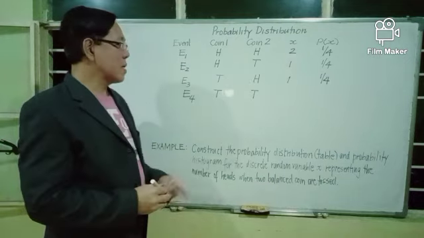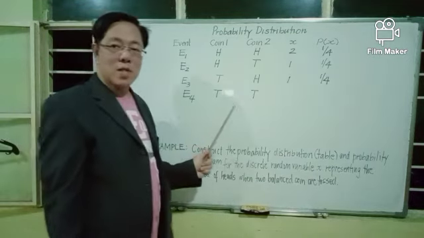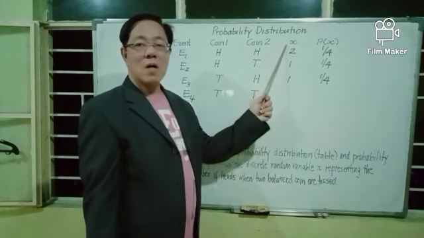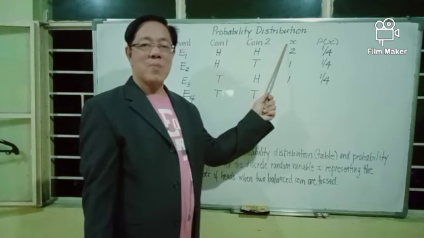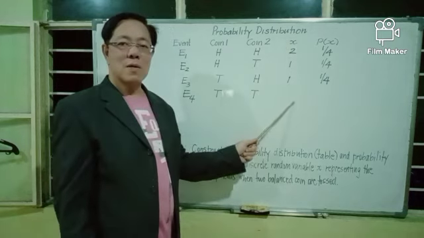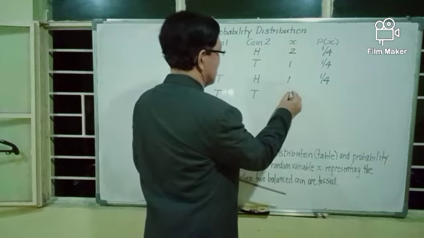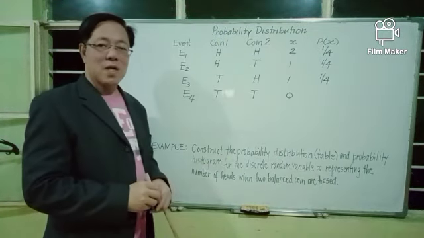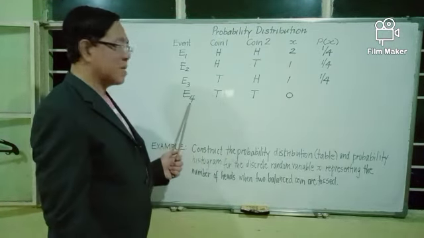For this particular event, you get two tails in both coins. The value of the discrete random variable x representing the number of heads will be 0. And we calculate the probability of event E4.